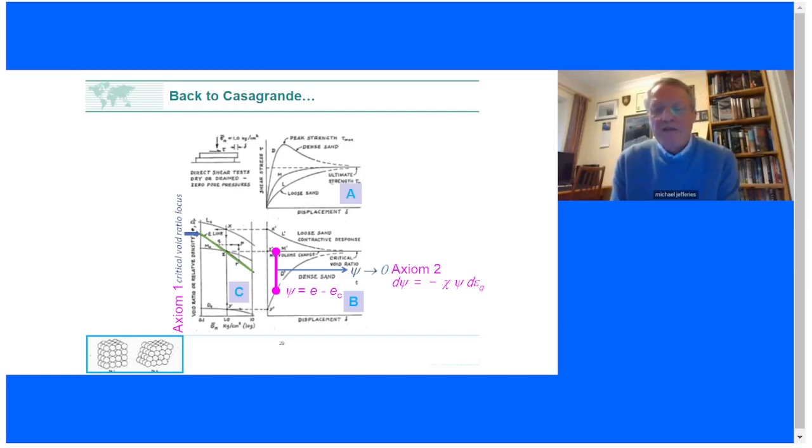And the way we do better is this. When you look at this diagram, this is back to Casagrande's canonical diagram. This labeling A, B, C is Casagrande's labeling. And the implication is that somehow we have observed stress-strain behavior in sketch A. We may put a constitutive model to that stress-strain behavior.